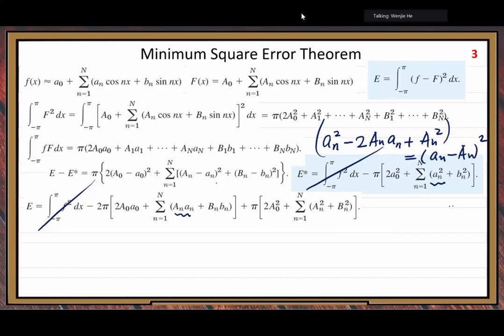So that's this part. For other squares, you can do similar things.